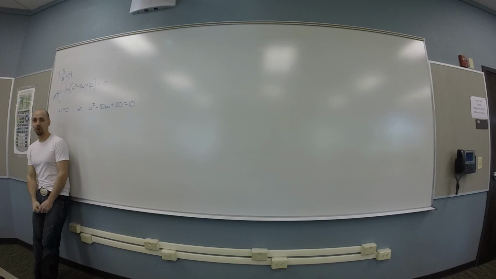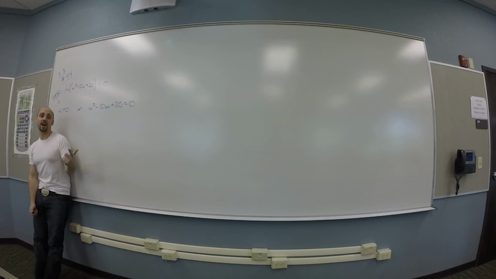Oh, yeah, that's a quadratic, right? You guys see that? So I could try to complete the square. This is a good candidate for complete the square. I could try to factor. What are you looking for? Two numbers that multiply to 20 and add to negative 10.